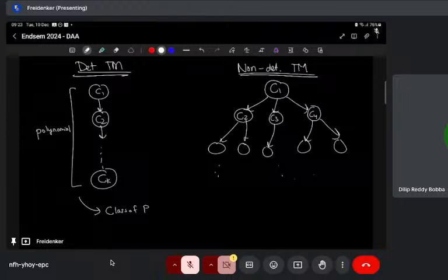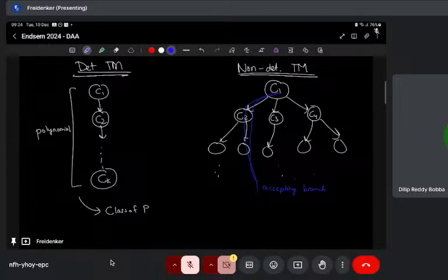Let's suppose there is some branch that I'll call the accepting branch, because at the end of this branch the machine enters Q accept and halts.